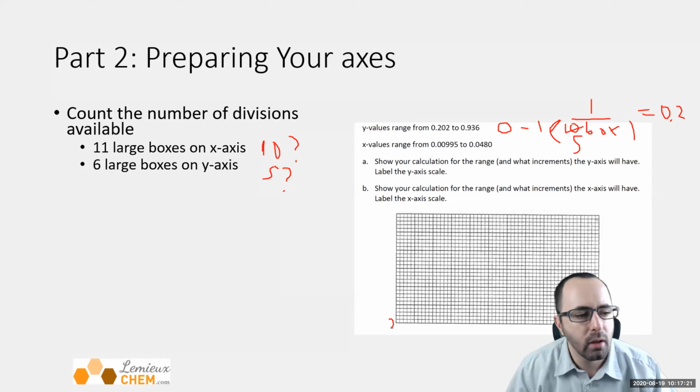So I can go 0 here, then 0.2, then 0.4, then 0.6, and so forth, till I get up to 1. This gives me nice round numbers and covers my entire range.